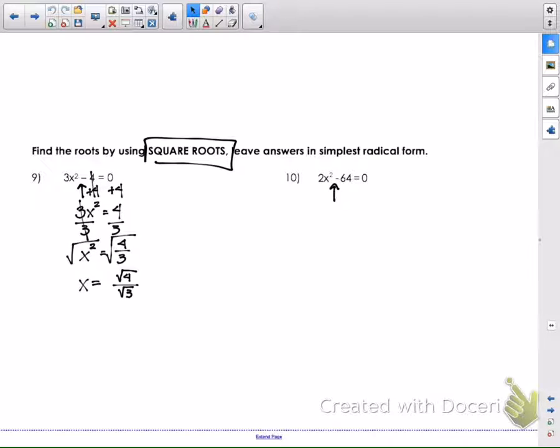The other thing that we have to be cautious with, because Emerson already asked about this, do you just have one answer for this? When you square root, we put that plus or minus sign that we've seen in the quadratic formula out front, which means you have both a positive and a negative answer to this. Okay?